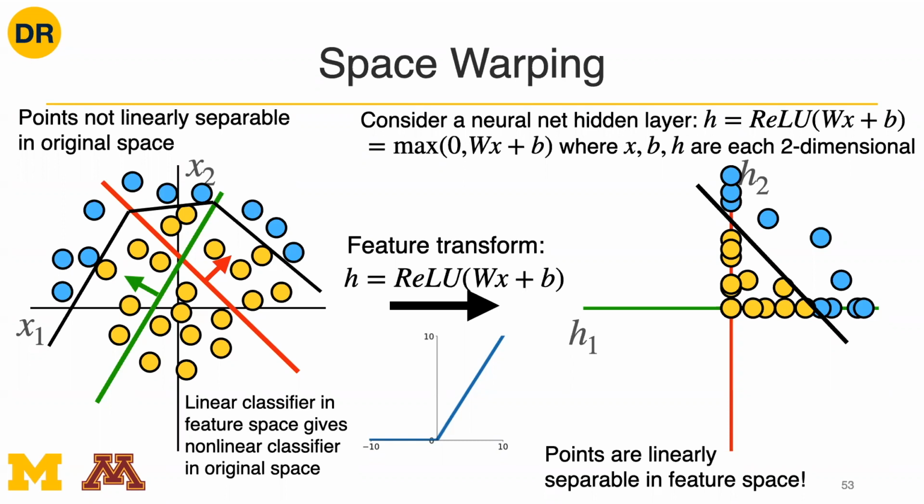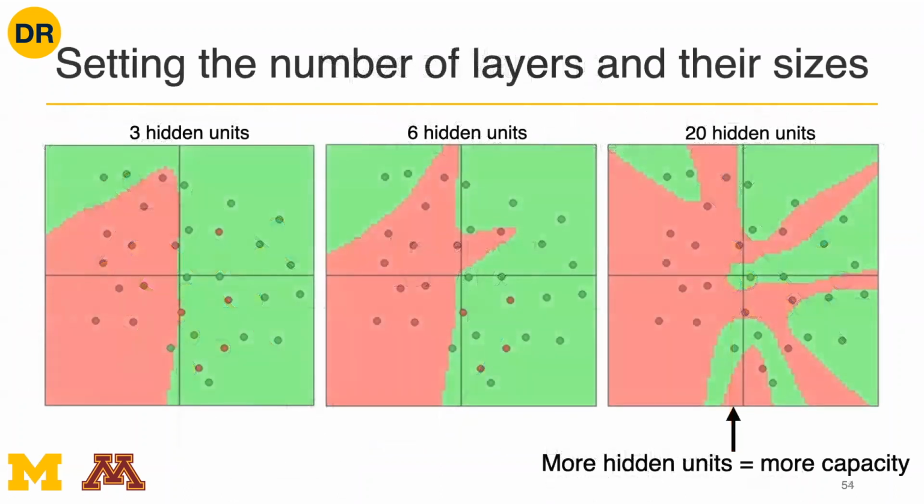One way to think about it is, if you have 3 hidden units, you are doing classification, but you might have some inaccuracy. But if you increase the number of hidden units, your representation is going to be much better, and you can get higher accuracy.